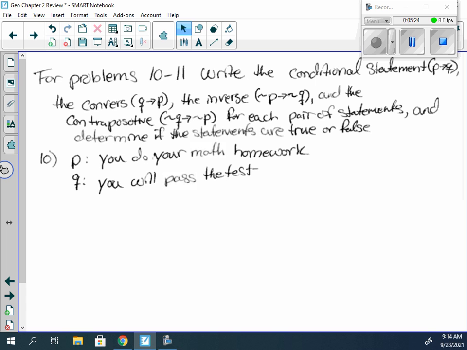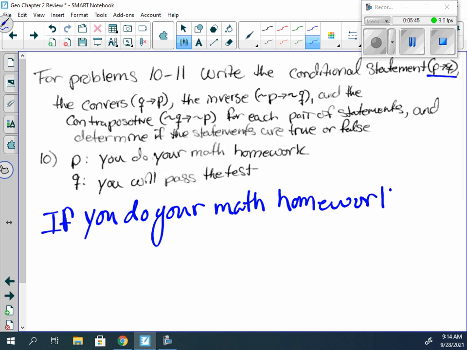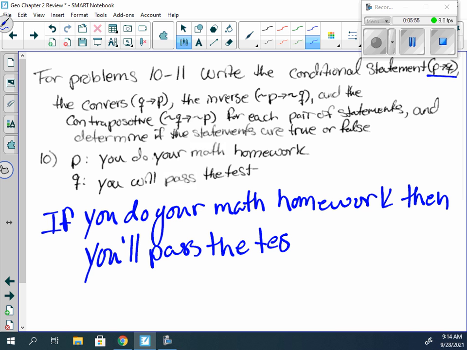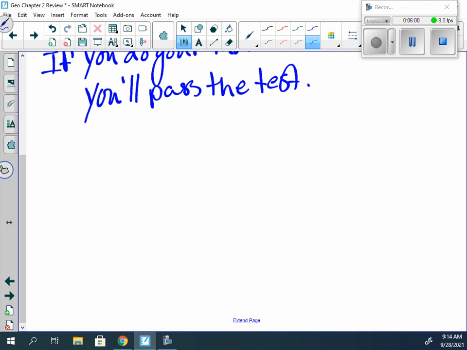So our first one, the conditional statement would be P implies Q. If you do your math homework, then you'll pass the test. So that's our P implies Q.